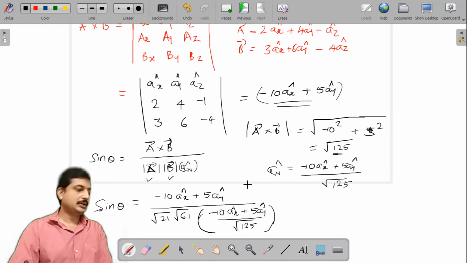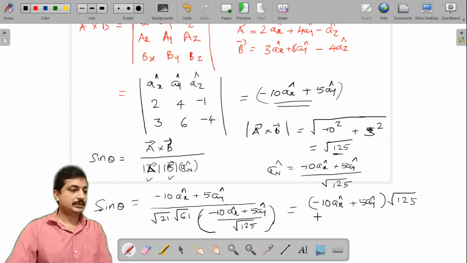So this square root of 125 will take it to the numerator. So this I can write minus 10 ax cap plus 5 ay cap multiplied by square root of 125 divided by square root 21 square root 61.